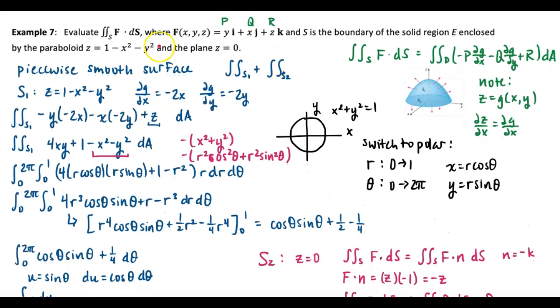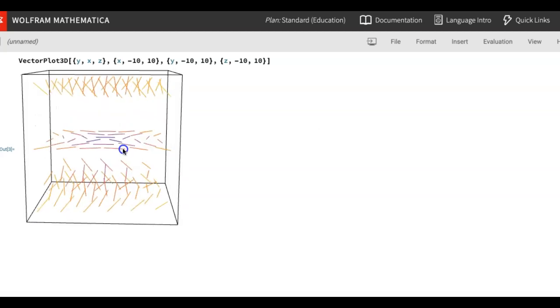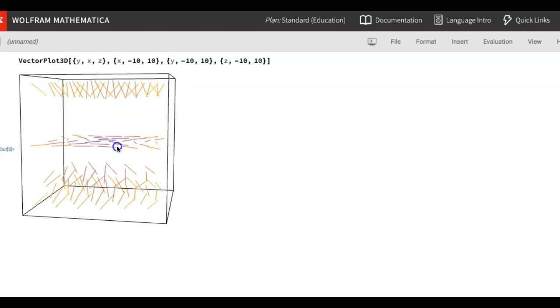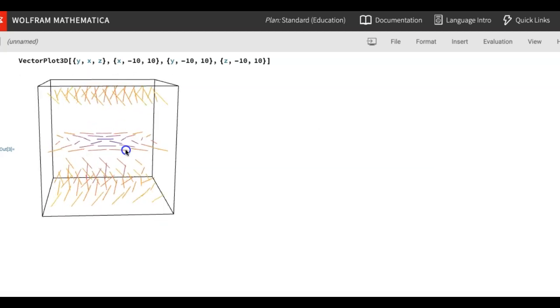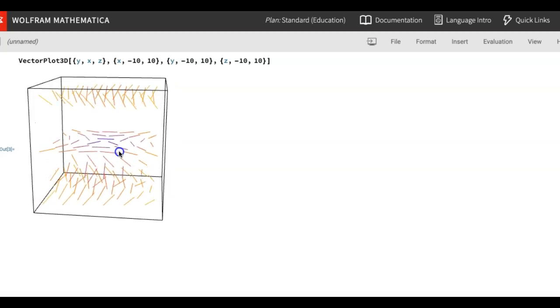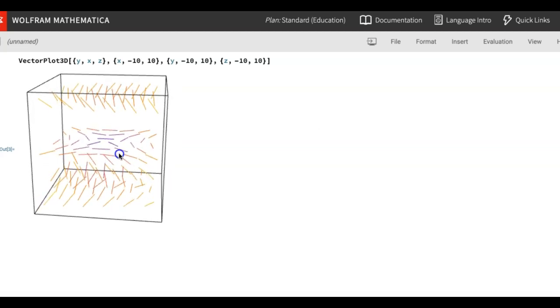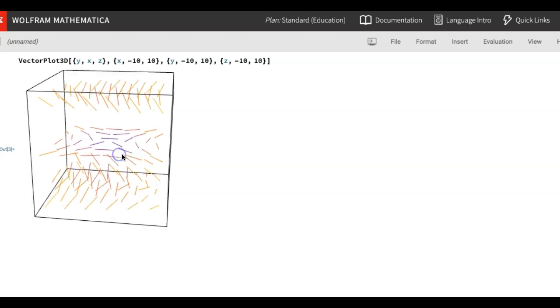So let's see what that looks like. When I use VectorPlot3D in Mathematica and I plot this vector field, this is what I get. Now it's a little bit difficult to look at right now because the arrows are so thick, and I could switch that, but if I hold my cursor on this and move it around, I can more accurately see what happens, because this gets rid of those arrowheads and makes those arrow lengths a lot more consistent and thin.